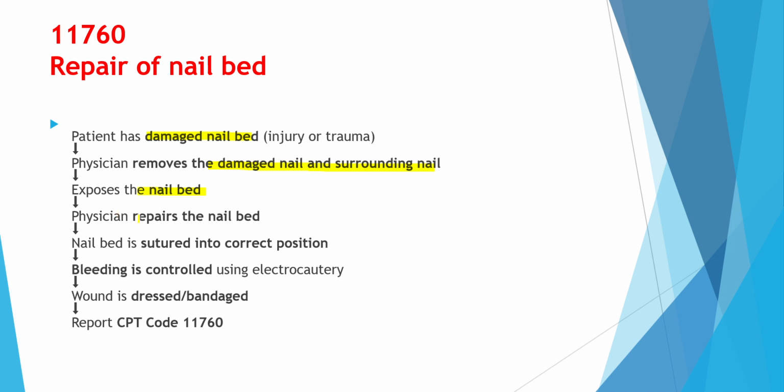Then he will repair the nail bed with the help of suture technique. The bleeding is controlled using electrocautery, and the wound is dressed and bandaged. So you will report CPT code 11760. This is for the repair of the nail bed.